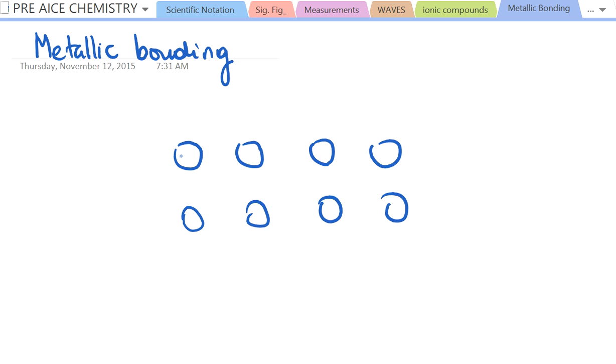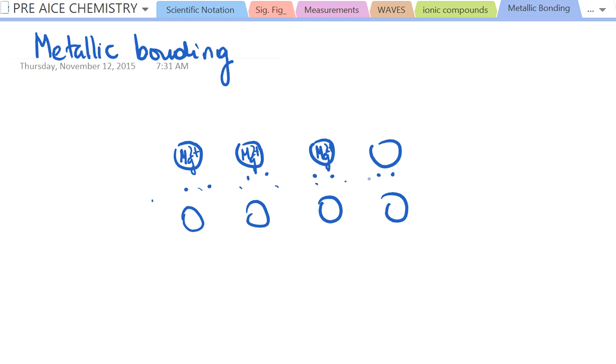So let's say that we have magnesium here, so it's going to be magnesium 2 plus, magnesium 2 plus, magnesium 2 plus. Why 2 plus? Because magnesium belongs in the second group. So this magnesium is going to provide 2 electrons to the sea of electrons. This magnesium is going to provide 2 more, and this magnesium 2 more, and then this magnesium 2 more.